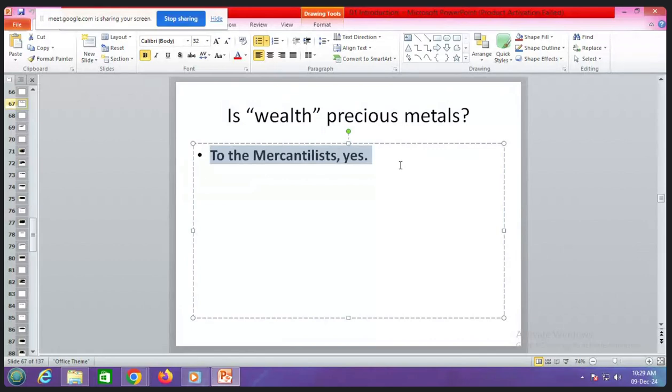Now, why do we say the answer to the mercantilist is yes? Because at that time, the type of government, the type of nations were very different. Basically, this was when less of democracy existed and more of monarchy existed in most of the countries.